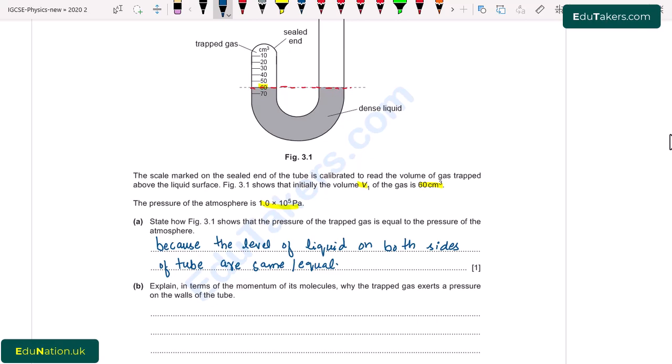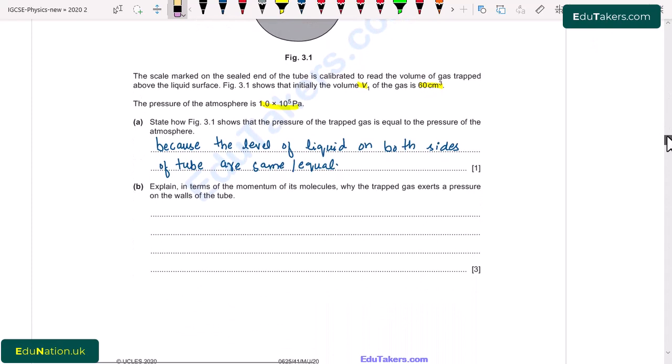Part B. Explain in terms of momentum of its molecules why the trapped gas exerts pressure on the walls of the tube. So here we have to tell why the trapped gas exerts pressure on the walls of the tube.